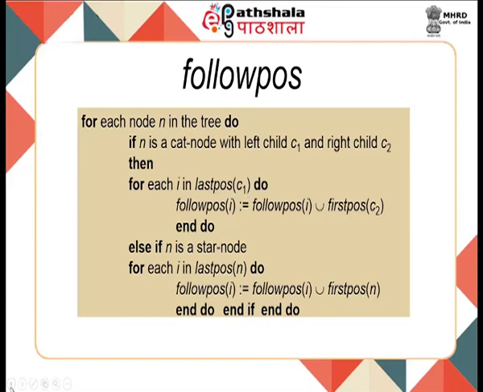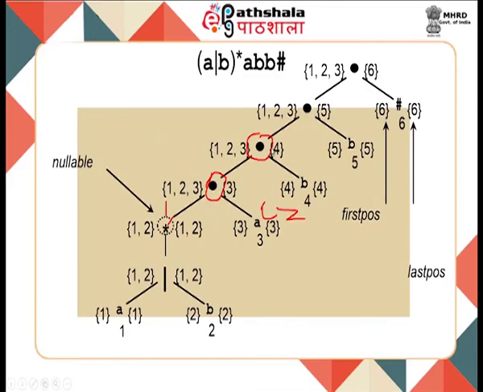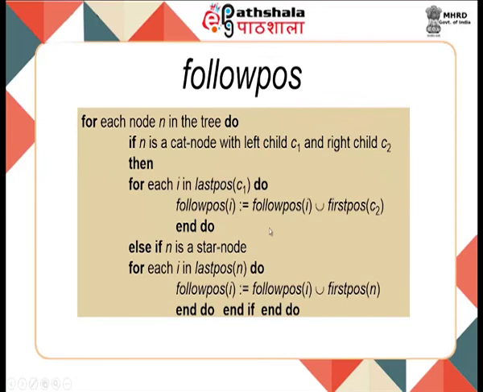So, last position of C1, if you remember, it has got 3 here, 4 here, 5 here, and 6 here of course. Okay. So, this is your n, this is C1, this is C1, this is C1. So, this C1's last position will basically contain the first position of C2, which is nothing but 4. That is how the algorithm basically looks at it.